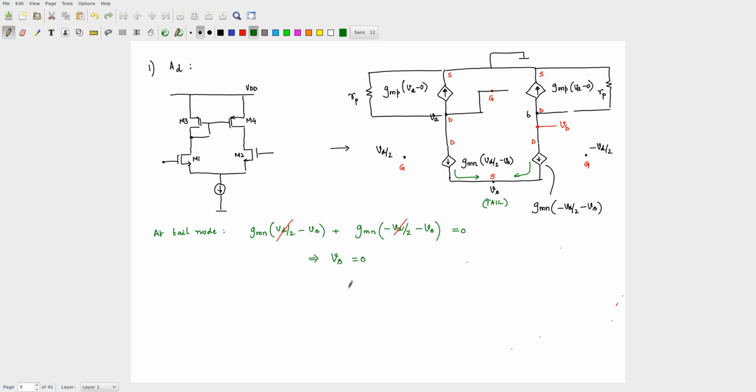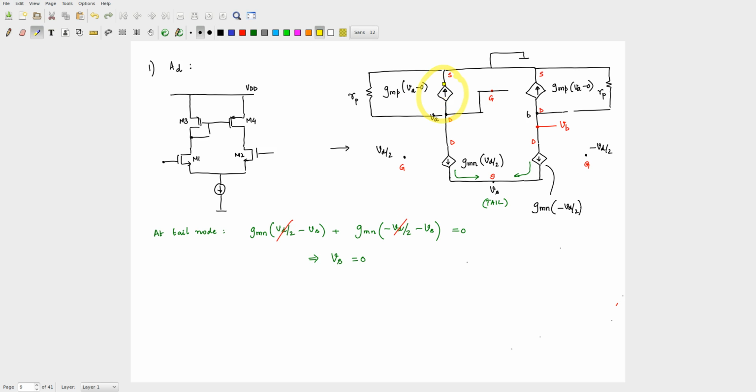Very good. So if Vs is 0, I can remove this Vs from here and this Vs here, and that Vs there and this Vs here. This simplifies matters. Anything more that I can do? Look carefully. Consider this particular controlled source.